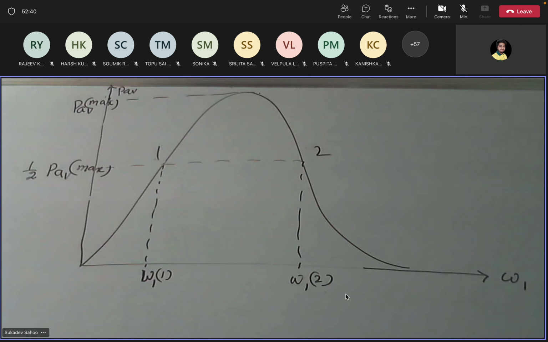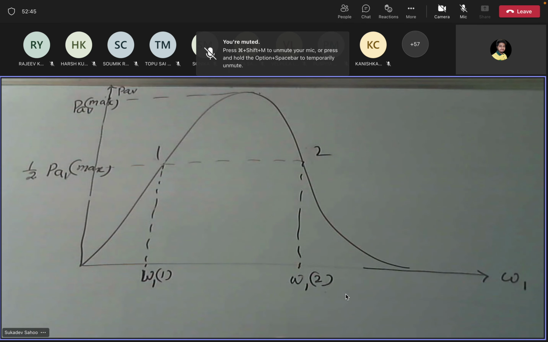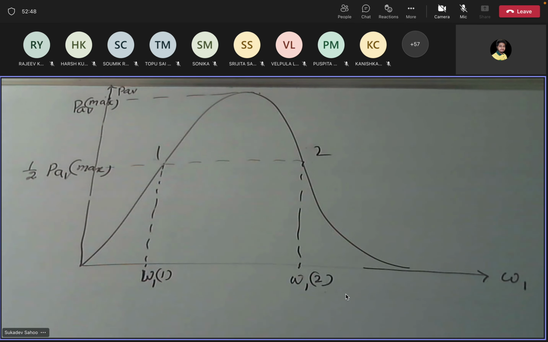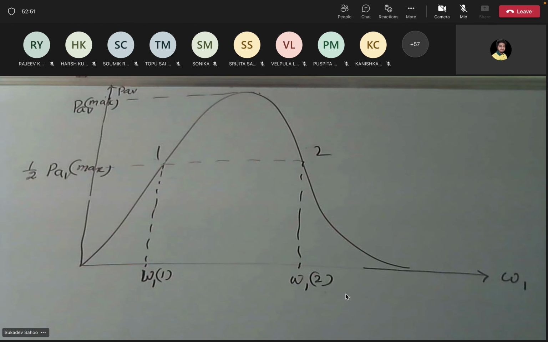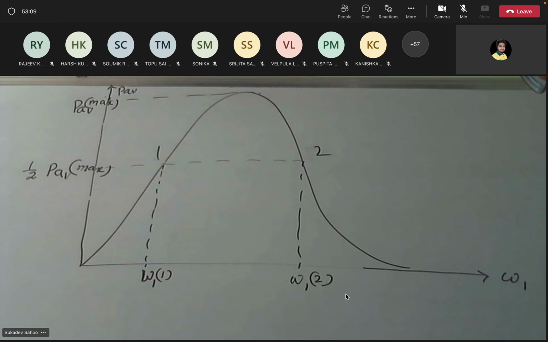So bandwidth of resonance is defined as the difference in the values of a driving frequency at which the average power observed drops to half its maximum value.